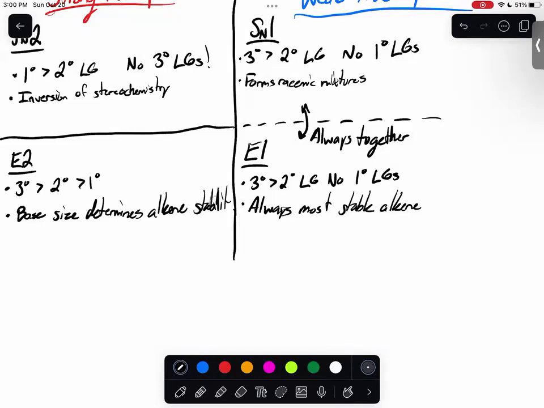So to figure that out, you're looking at Zaitsev versus Hofmann products. And then thinking about also the idea that you need an anti-periplanar hydrogen, that's what determines if an alkene is E or Z.